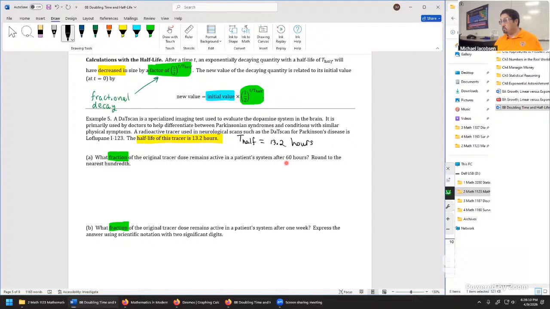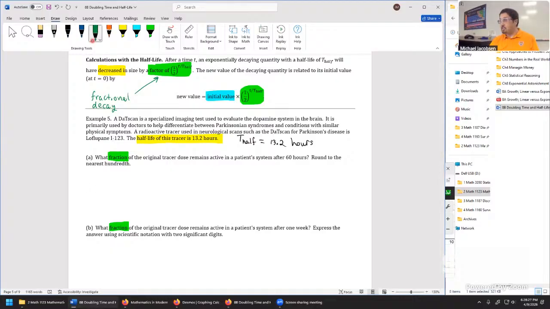Okay, so all we really do on this particular problem is we don't have an initial value. We're just wanting to know by what fractional amount is the initial value really changing? What's the decay factor, in other words? Kind of similar to what we were doing in some of the prior exercises.